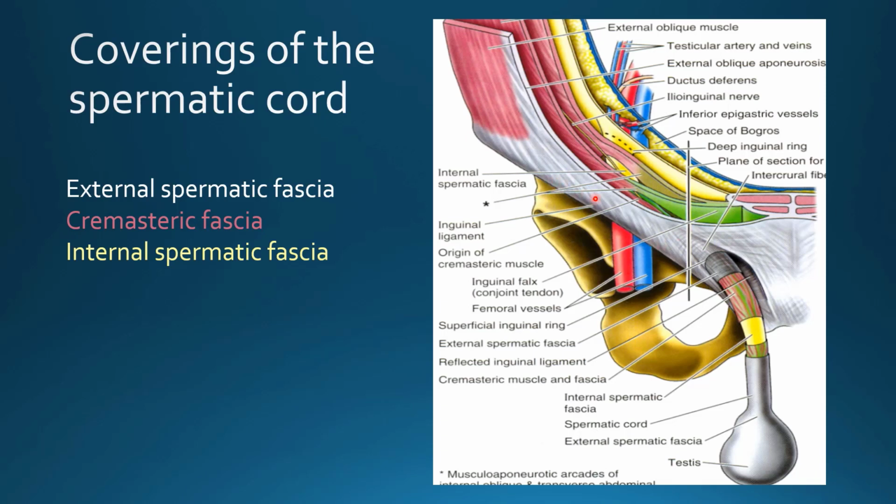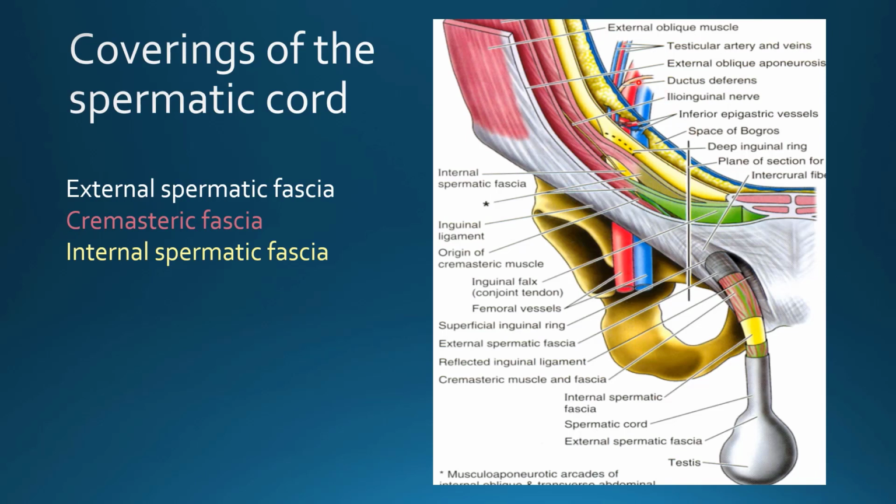External spermatic fascia is formed by aponeurosis of external oblique muscle. Cremasteric fascia is formed by the muscles which are of transverse abdominis and internal oblique both, which are seen here. And internal spermatic fascia is extension of fascia transversalis.